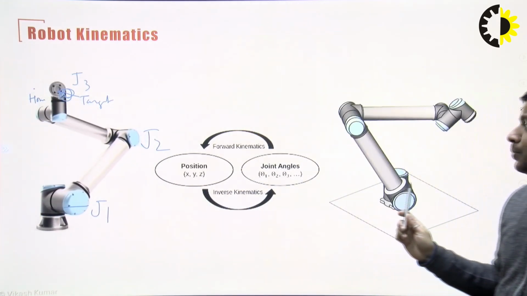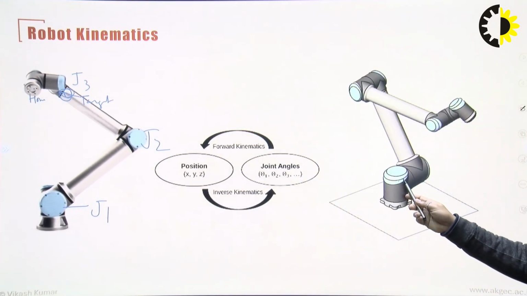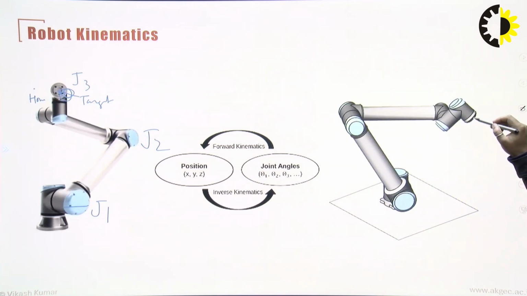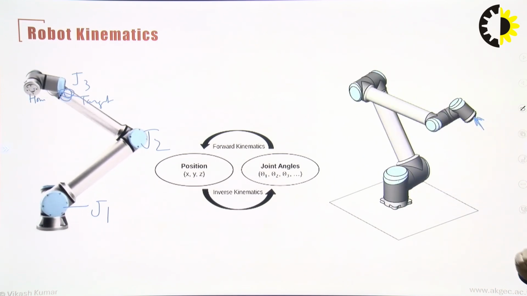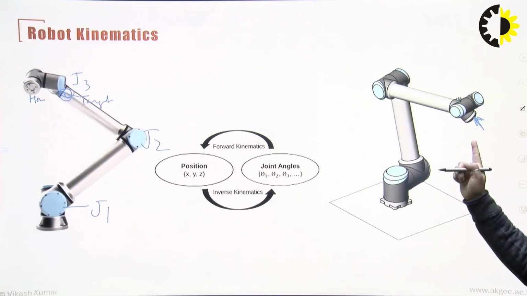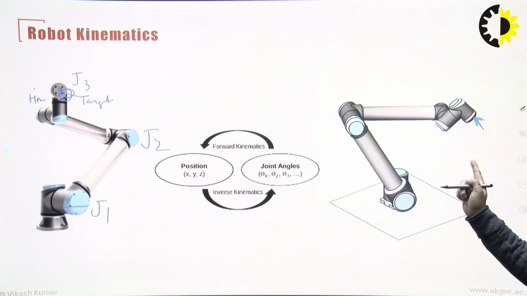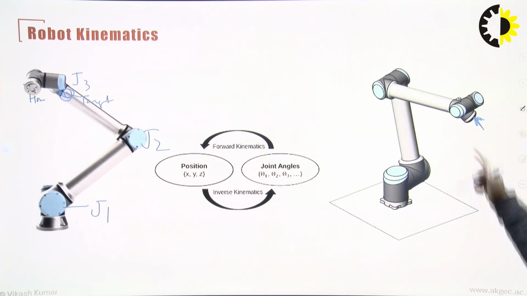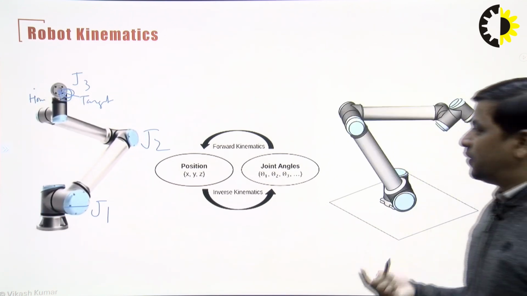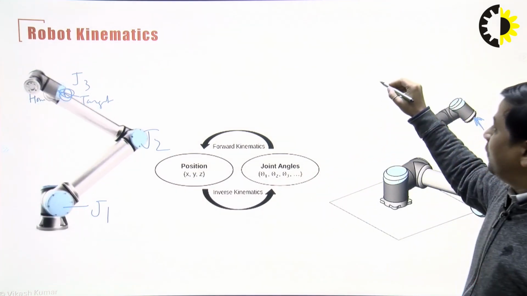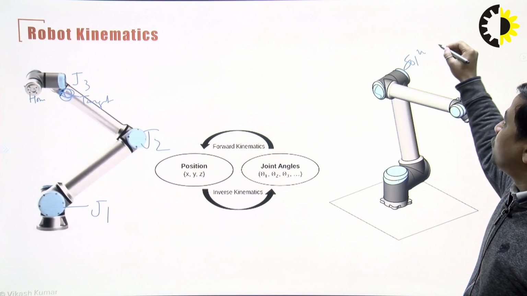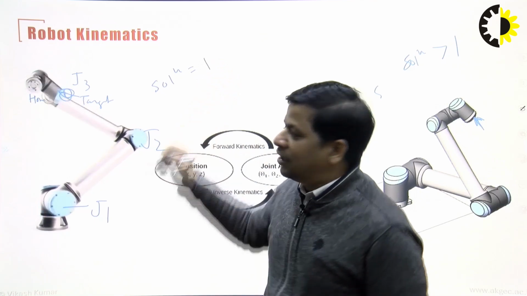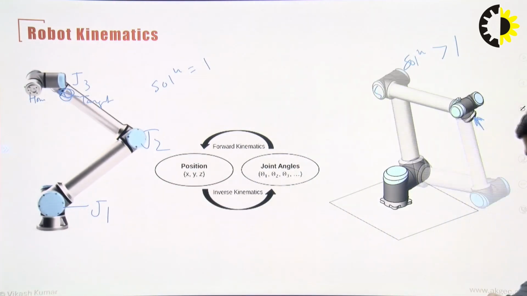But if you see this picture, every time all joints are moving in different ways, but the target is the same. So, here you can say the number of solutions we are getting. Either my robot can go in a downward way, upward way, or any other way. So here the solution is always more than 1, but there the solution is always equal to 1. Only and only one way to achieve this.